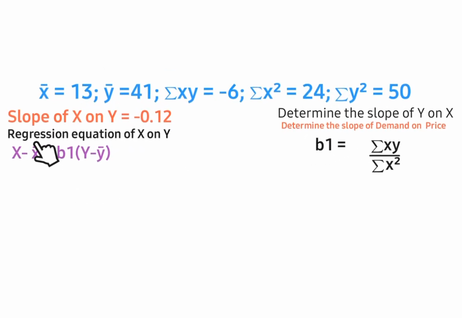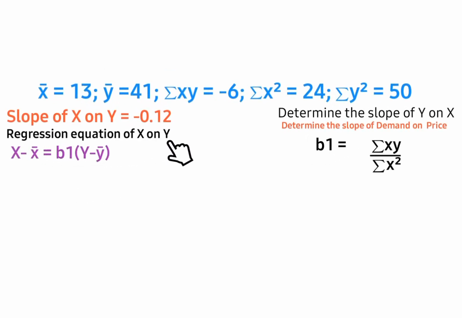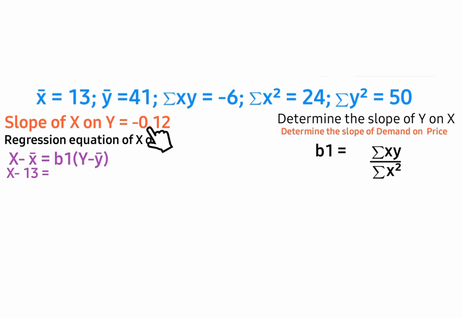We determine the regression equation of x on y with the following formula. x minus x mean equal b1 times y minus y mean. So following our formula, we have x here minus x mean. The value of x mean we got 13, right? And we record that now. Following our formula, we have equal to b1 of x on y we got minus 0.12.